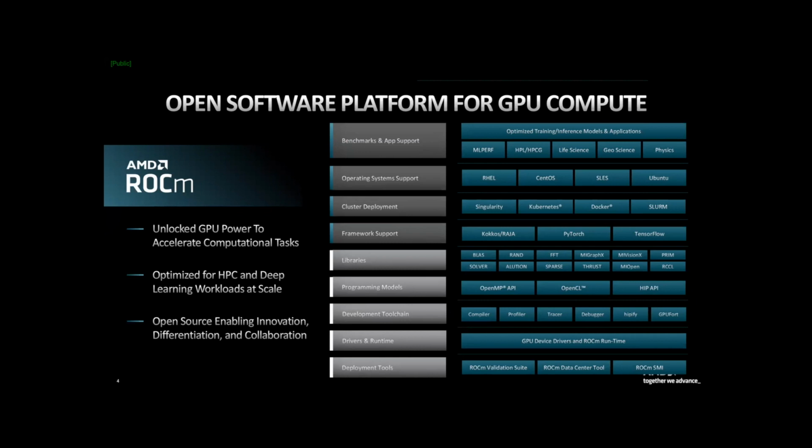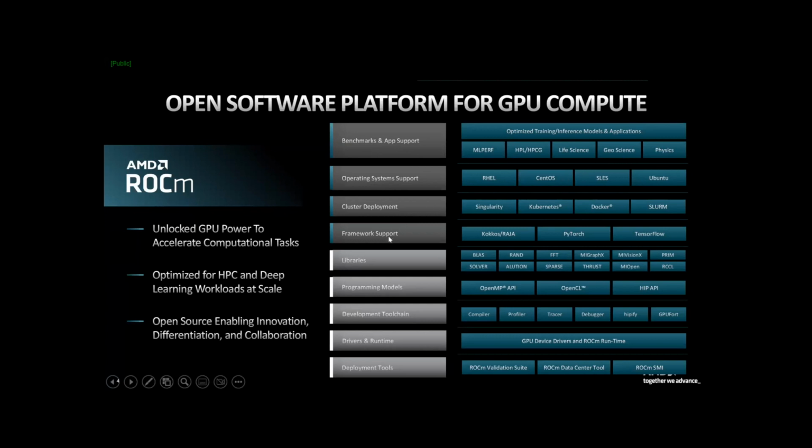Inside the ROCm software platform, you have different kinds of bricks that include benchmark applications, cluster deployment, framework support, libraries, programming model, development chain, drivers, and deployment tools. So let's look at some of these. When you look at the benchmark and application support category, you have MLPerf, HPL, GROMACS, geoscience, physics.